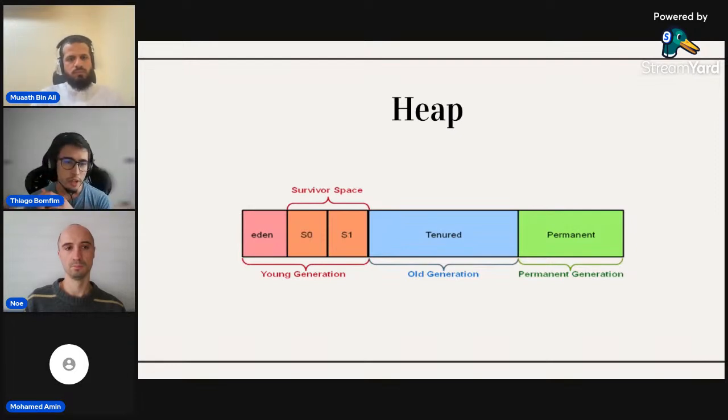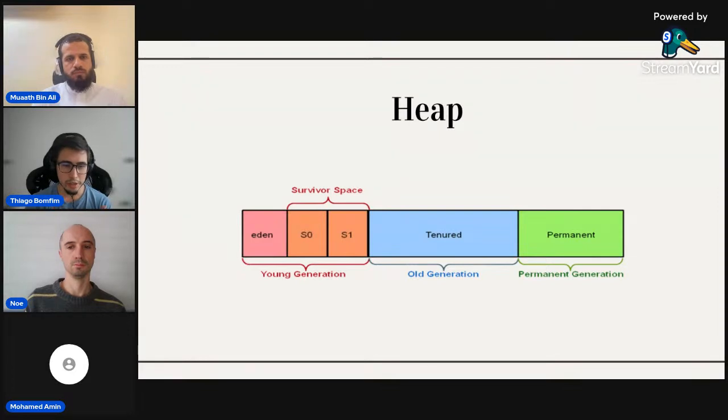The heap is basically the memory that we allocate for objects. We have the young generation, the old generation, and the permanent generation. The young and the old generation are part of the heap. The permanent generation, let's keep it on the side and we'll talk about that later.